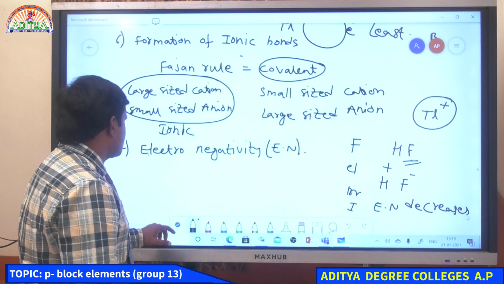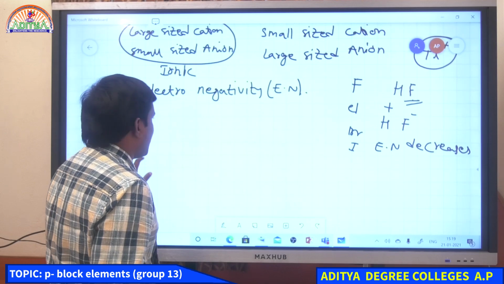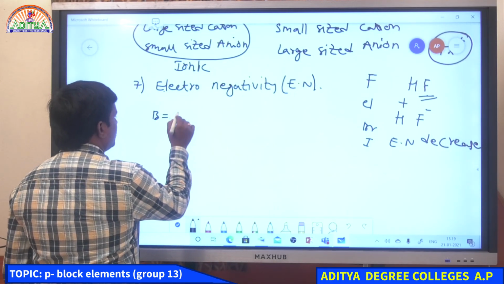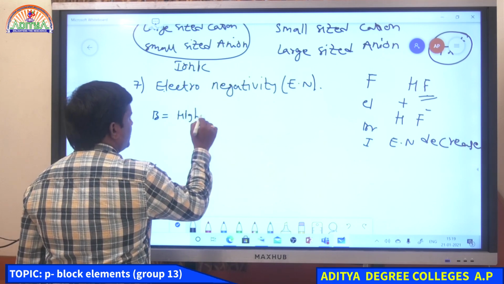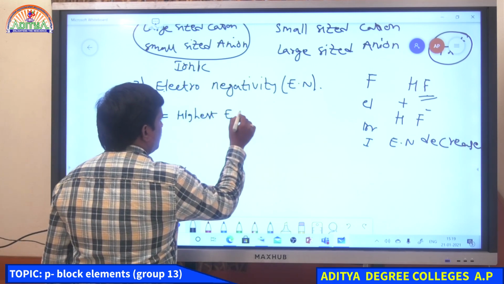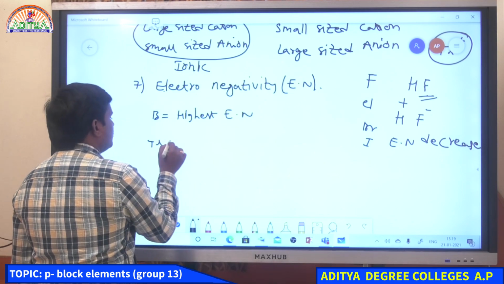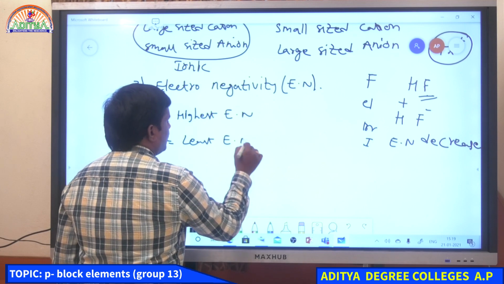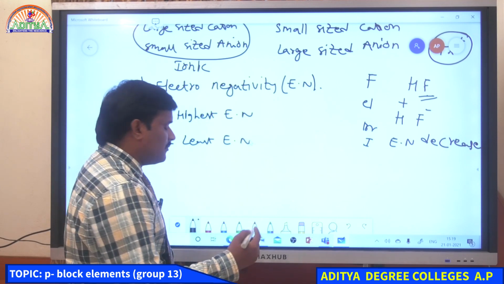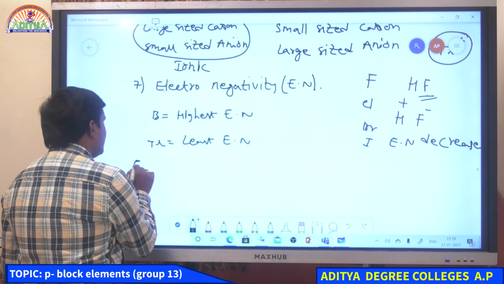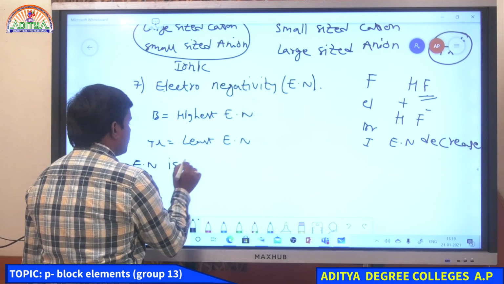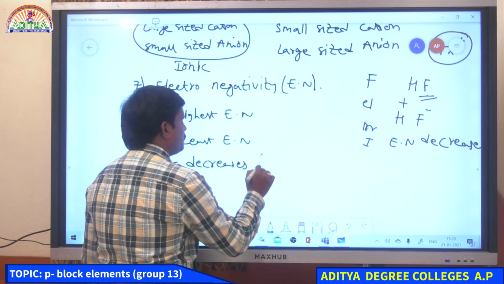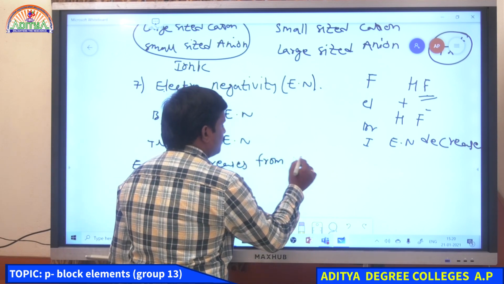Therefore in these examples, boron has the highest electronegativity and thallium has the least electronegativity, and hence from top to bottom electronegativity decreases.